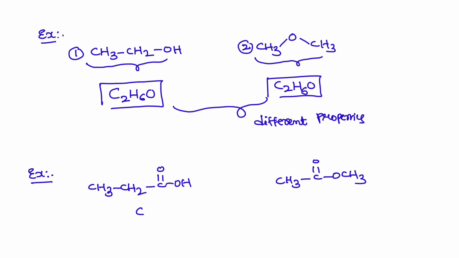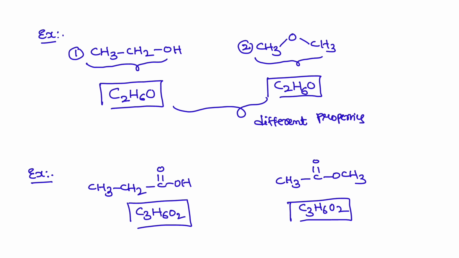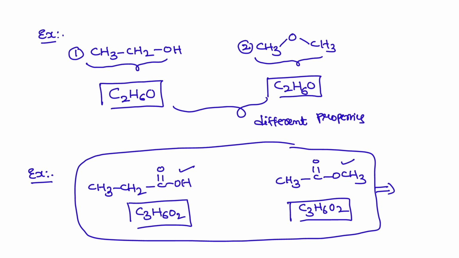If you see, both of them have the same molecular formula: 3 carbons, 6 hydrogens, and 2 oxygens. So these two organic compounds have the same molecular formula, but their physical and chemical properties are different. Therefore, these two are said to be isomers.